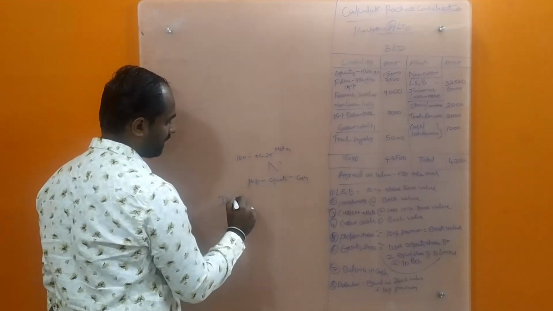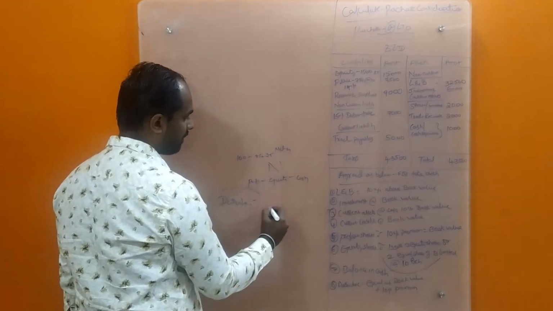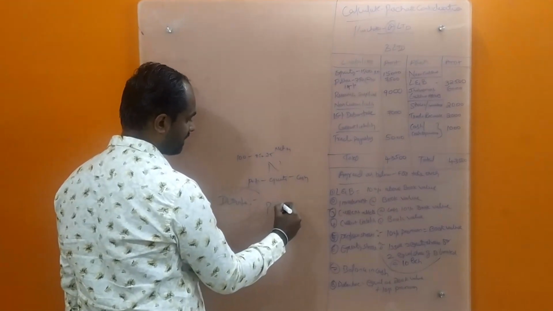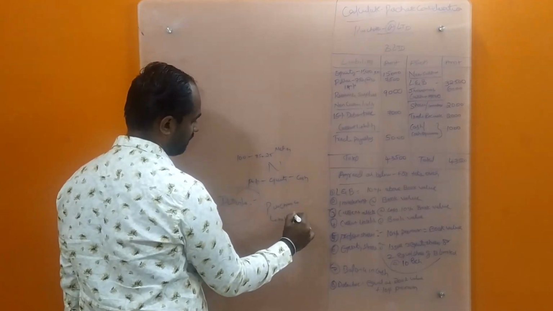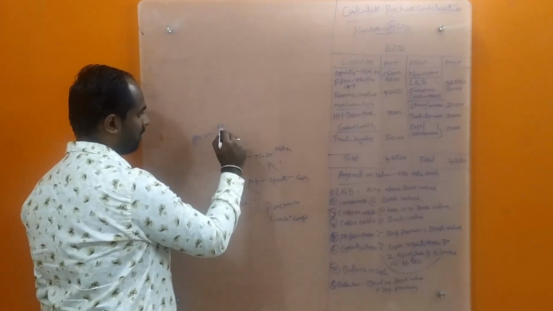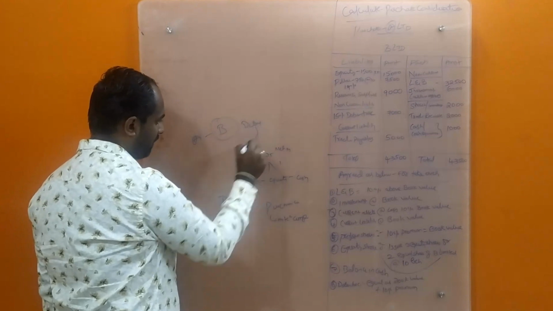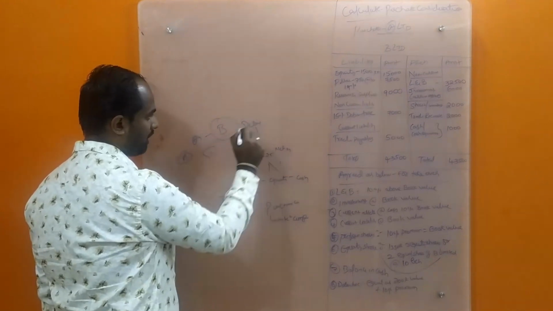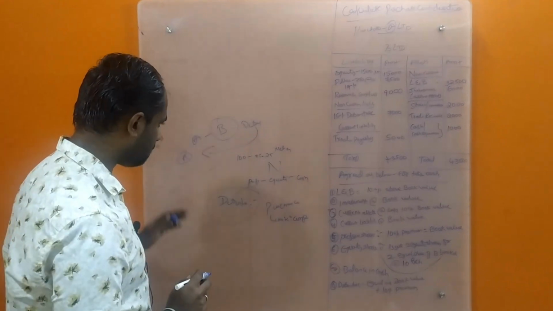So we will not consider debentures because debentures will not be a part of your purchase consideration in limited companies. So as A limited will be acquiring B limited, whatever the B limited debentures are will be moved to A limited. So they will not pay anything to debenture holders. Okay.